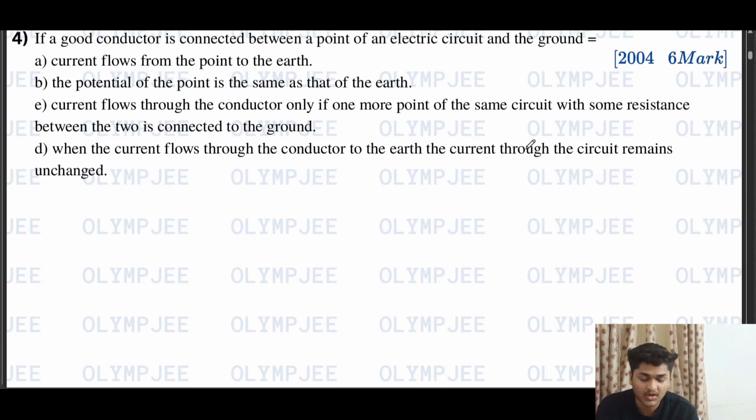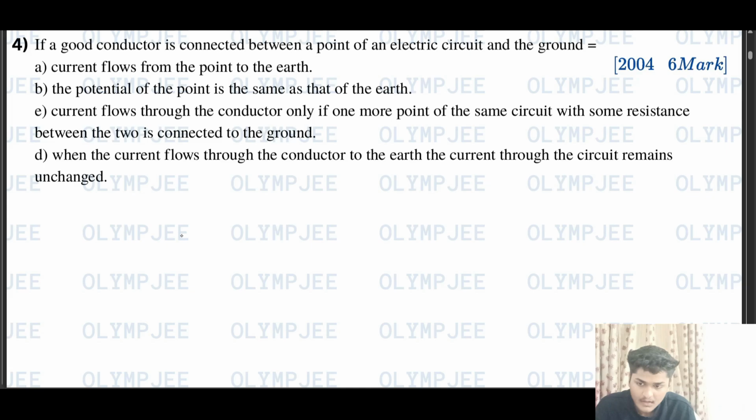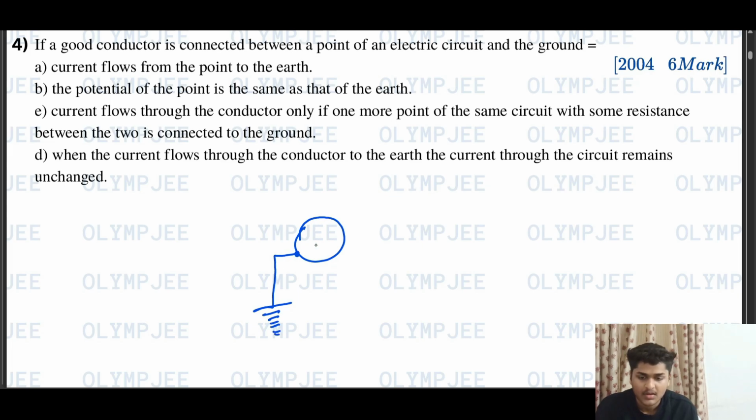So this is not true, because imagine this is the conductor and this is the point which is connected to the earth. So this circuit is open, so the current cannot flow anywhere.